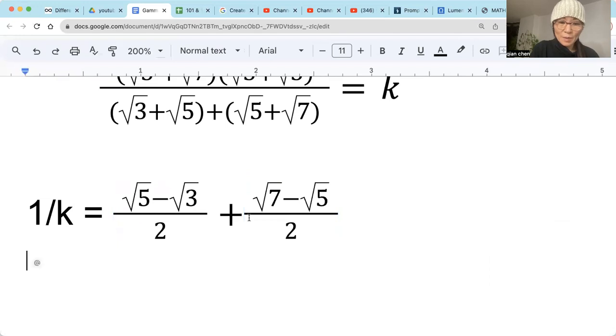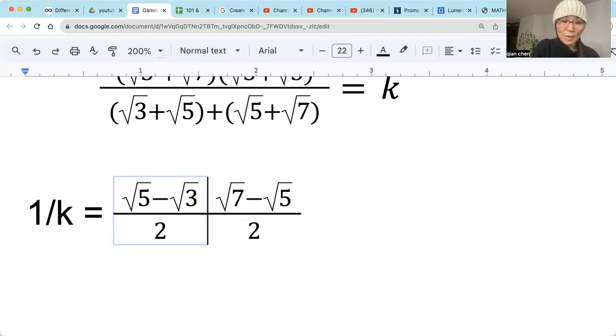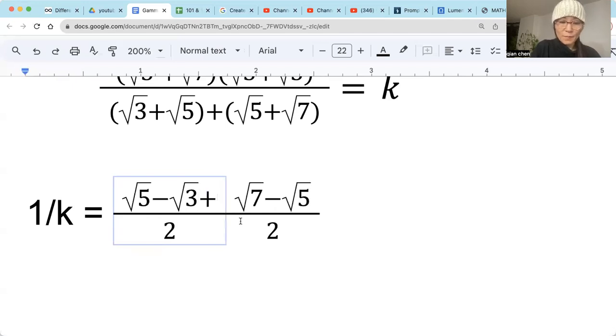Now I have a common denominator of 2. That means I can add the numerators together. I just need to have 1 denominator now. But check the numerator. I have square root of 5 positive, I have square root of 5 negative.